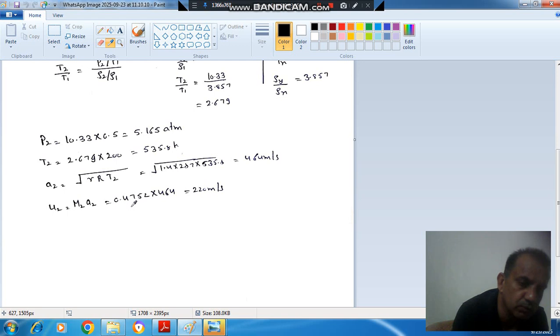Otherwise we use the shock table. As here gamma is 1.4 and the shock table is for gamma equal to 1.4, it is better to see the shock table. So M2 is 0.4752 and a2 we have calculated, so u2 can be calculated, that is 220 meter per second.